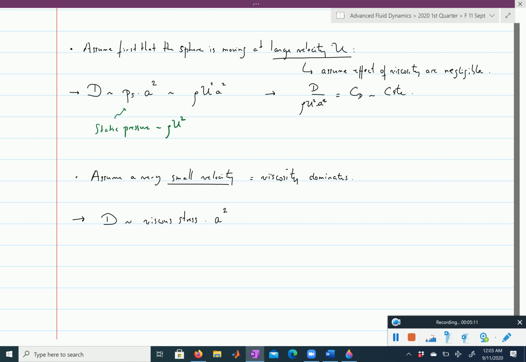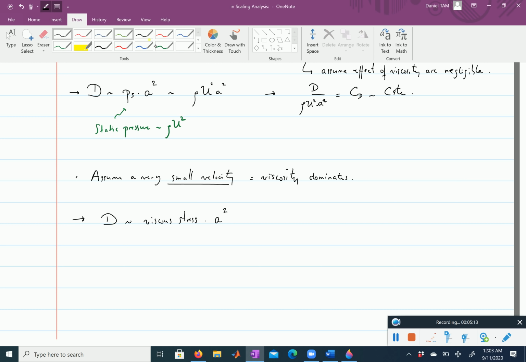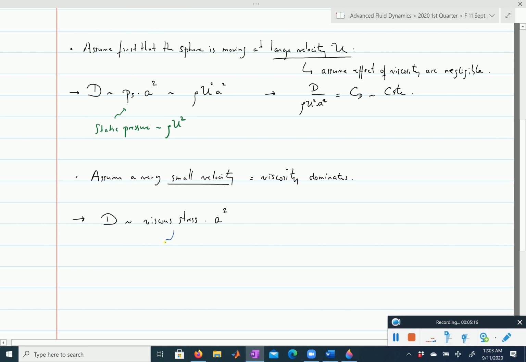Now, what is a scaling for the viscous stress? Right. You know from your bachelor that a viscous stress is the viscosity times a shear rate. Now, what will be the scale for this?